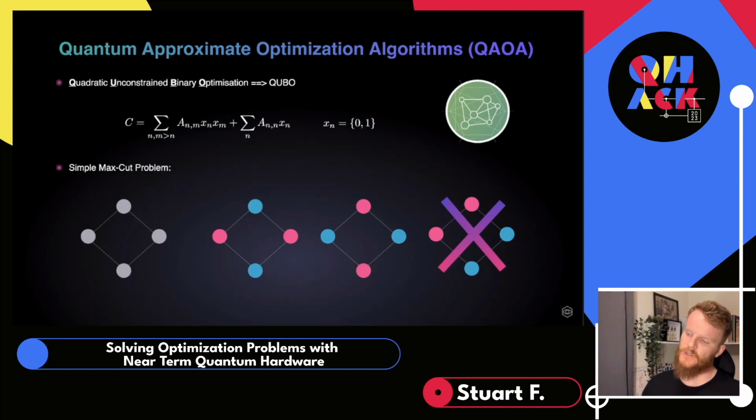So we have this node pink, and this node blue. Because these are in two different classes, instead of 0 and 1 I've got blue and pink, we've cut this edge, and that's what it means to cut the edge for the solution. Notice that with this solution we've cut all of the edges here, so it's the optimal solution, because it maximizes the number of cuts.